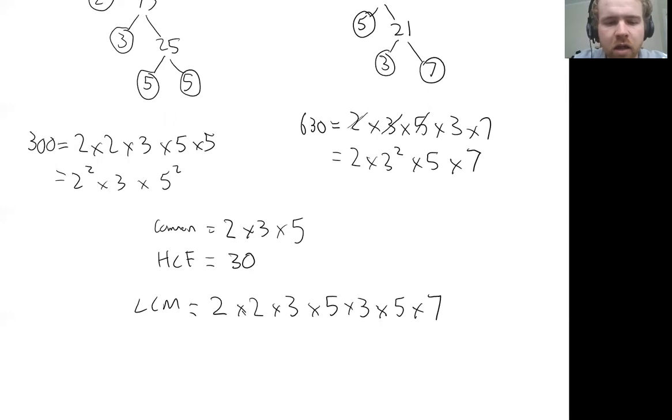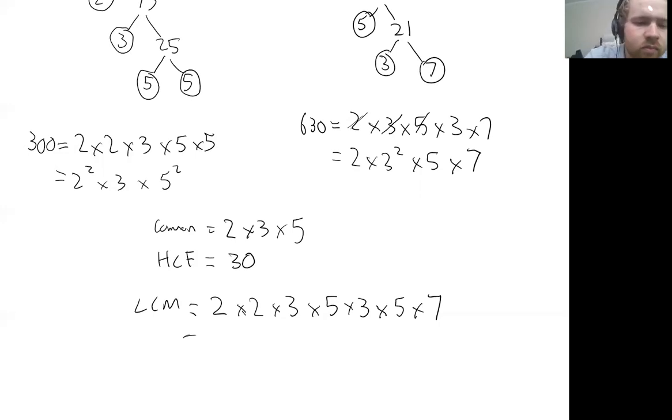So when I multiply these all together, I will get the lowest common multiple. You see here, whenever I've included a factor of one of these numbers, I've crossed it out if it's one of the factors on the other numbers. I've just gone through and included all of the factors. Okay, so you can include double ups, just make sure you're not doubling up across the numbers here.